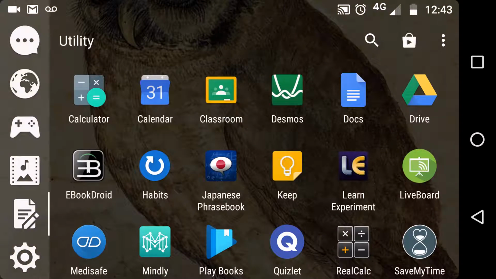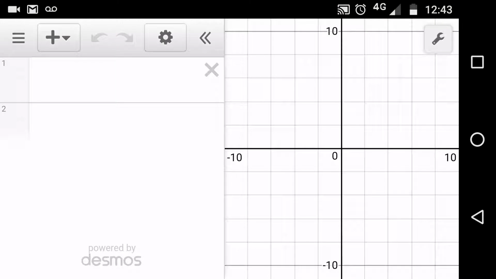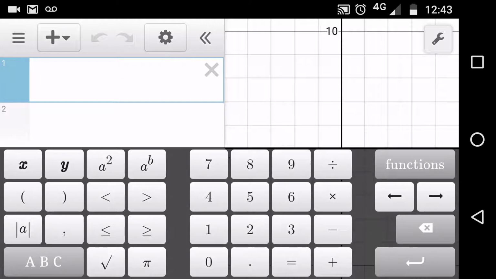So let's start by tapping on the Desmos icon so you can open the application, and now you are going to introduce a few functions that you may be familiar with.